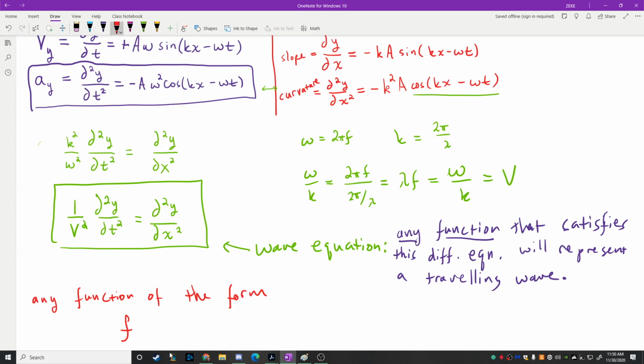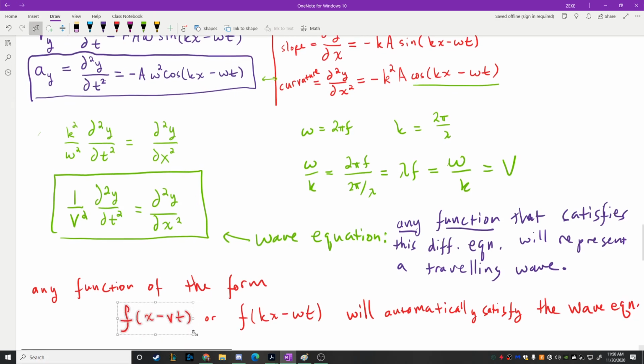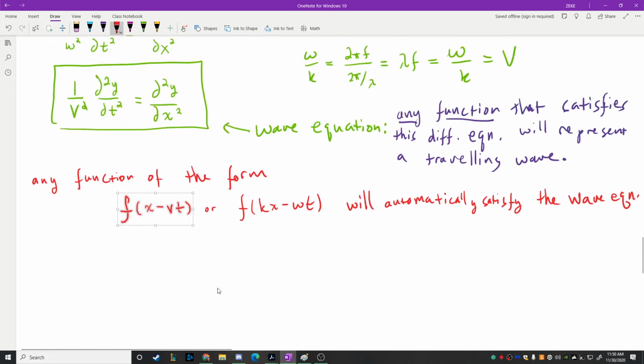Any function of the form f of x minus vt, or f of kx minus omega t will automatically satisfy that equation. And you can prove this for yourself if you want to. Will automatically satisfy the wave equation. Any function. And if you don't believe me, I'll try to prove it for you.